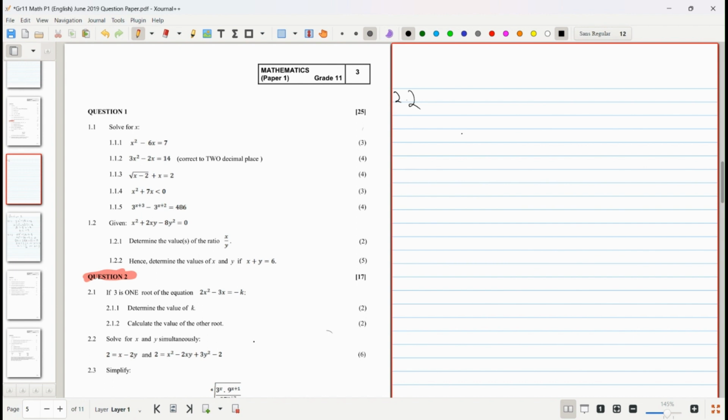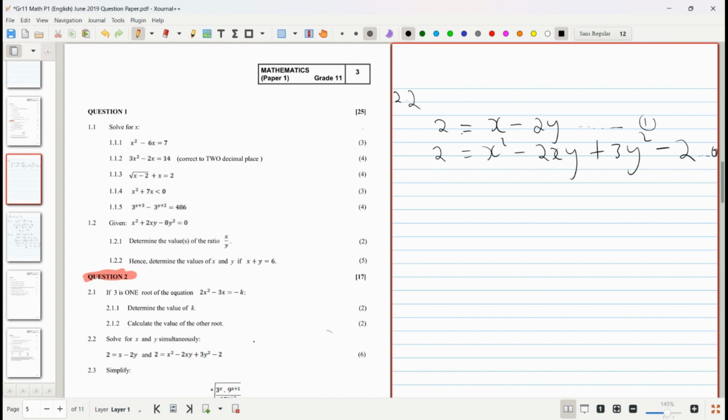The first equation that we have here is 2 equals x minus 2y, and then also 2 equals x squared minus 2xy plus 3y squared minus 2. You can see this is your equation 1, and this is your equation 2, right?